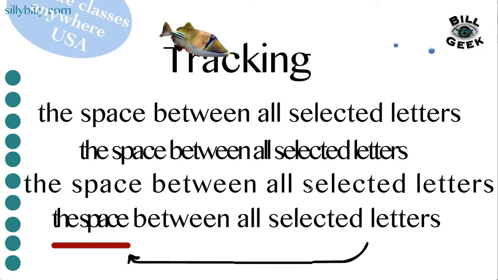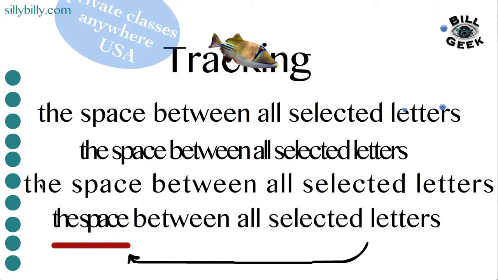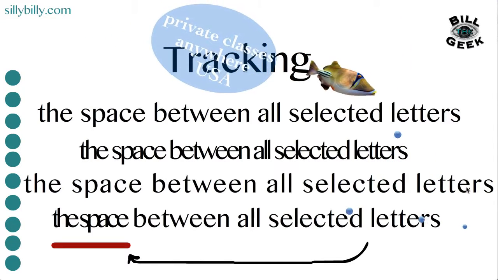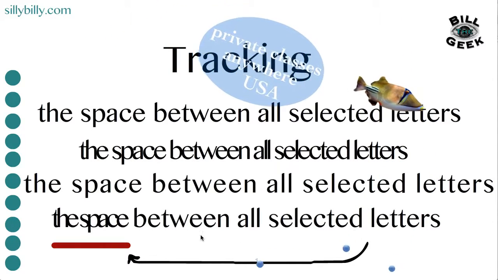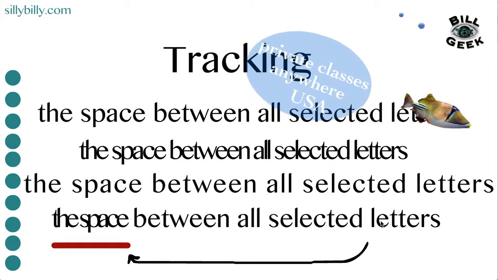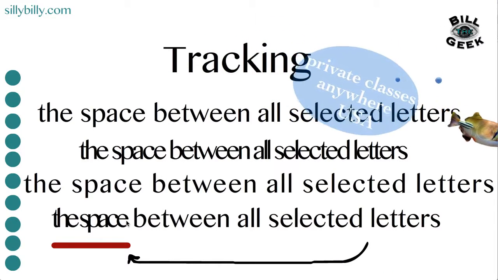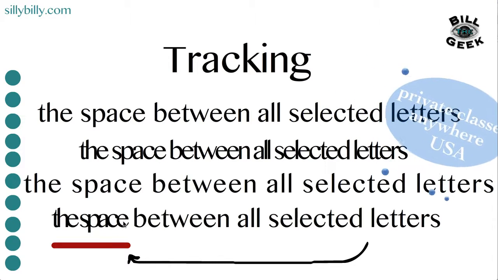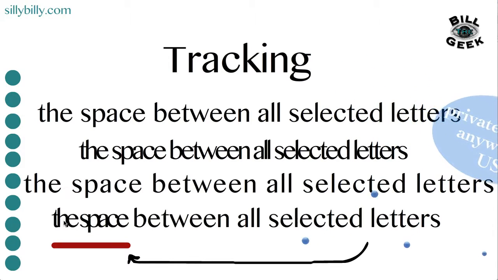This line of text down here is the same text, but we just spread the space between letters apart. But this final line, notice selected letters. If we just select these letters right here, we can bring them closer together. Thus, tracking is the space between selected letters.